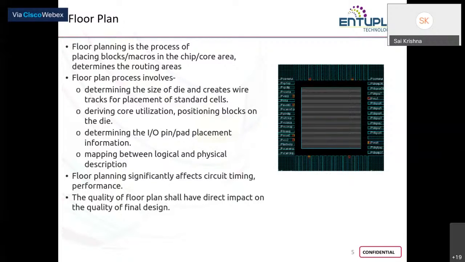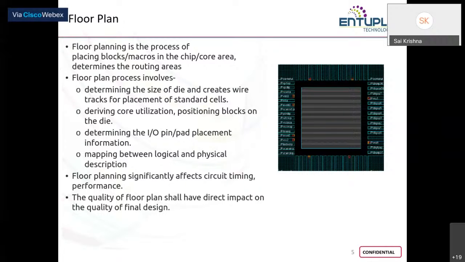So in your floor plan, you first estimate the size of your core and die area. That is the first thing that you do, and then you place your macros following certain guidelines which will be discussed later.